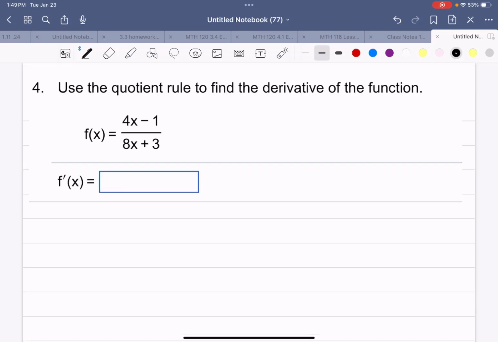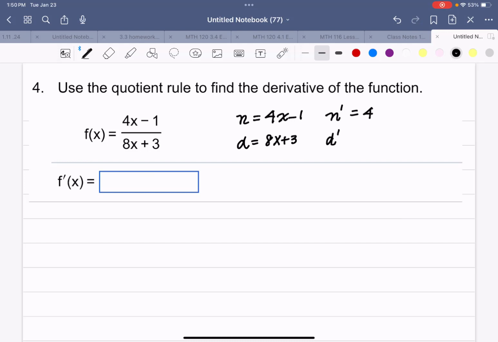So example 4, use the quotient rule to find the derivative of the function. So I'm going to say our numerator is 4x minus 1. Our denominator is 8x plus 3. My numerator prime, that's the derivative of that, is going to be a 4.